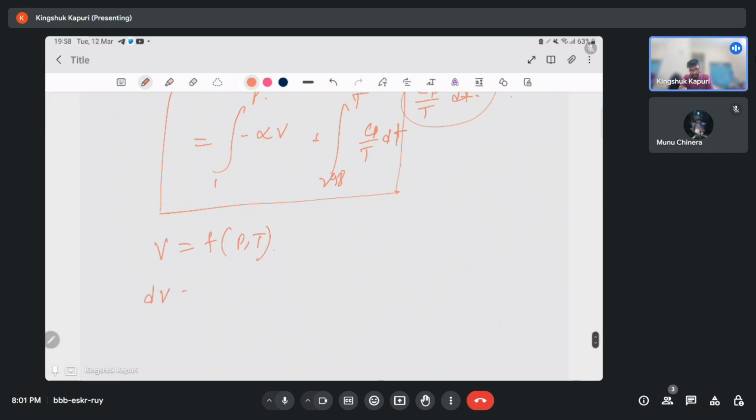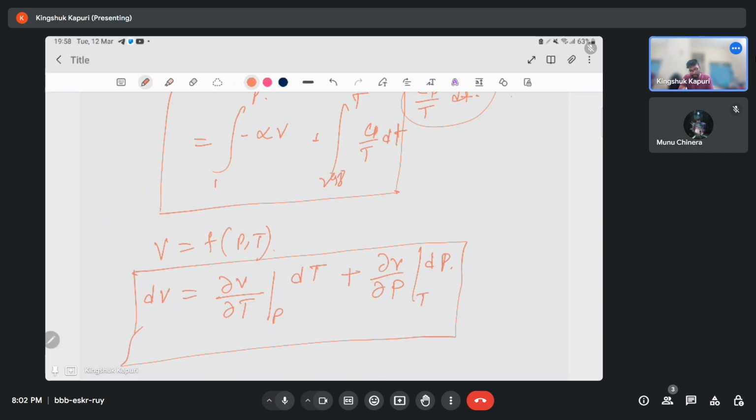So dV equals (∂V/∂T) at constant pressure dT plus (∂V/∂P) at constant temperature dP, from the partial derivative, we know, right?